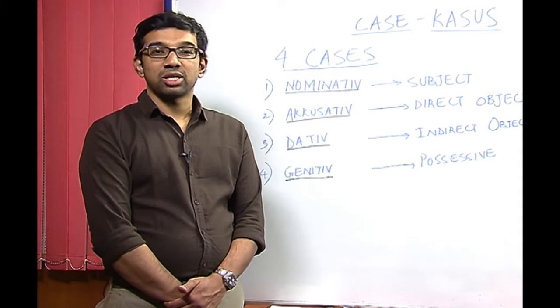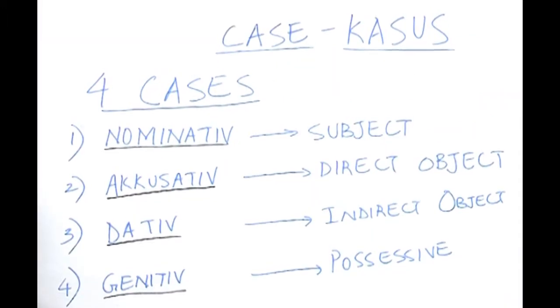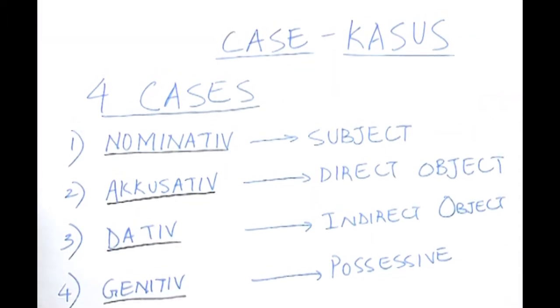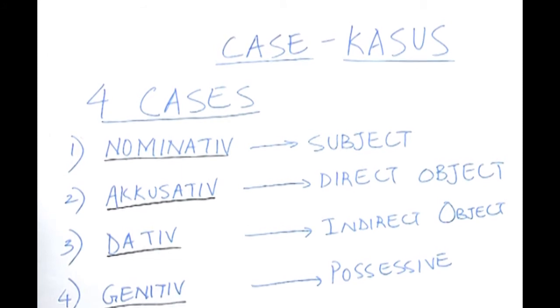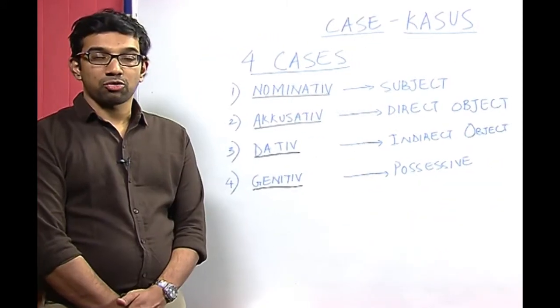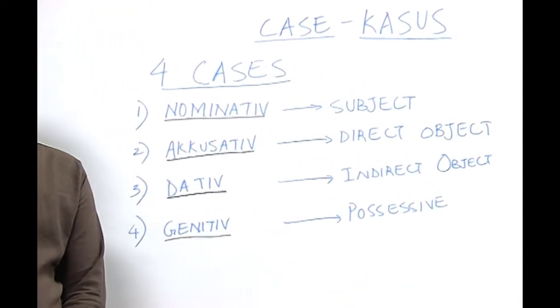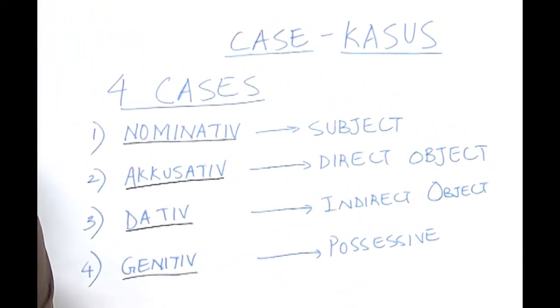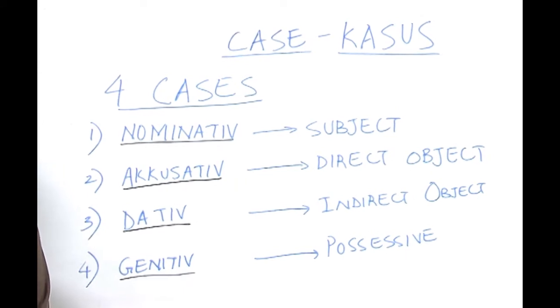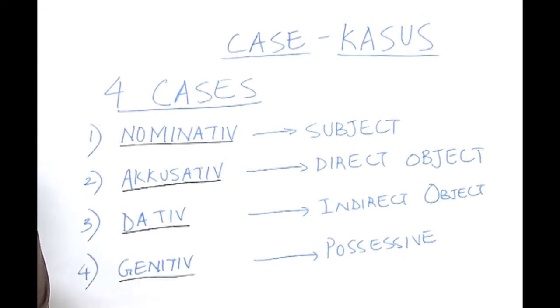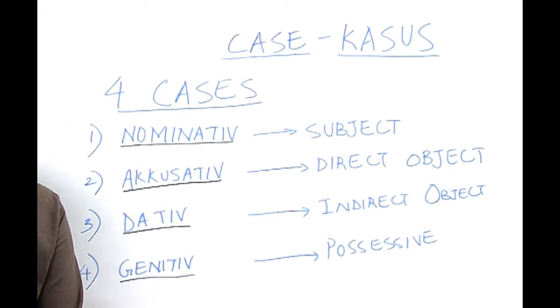However, I would like to tell you, in our course, we would be limiting ourselves to only a few cases, and we would not go into the detail of all the cases, because all the other cases would take up a considerable amount of time, and hence we would not be able to understand all the cases in a better scope.